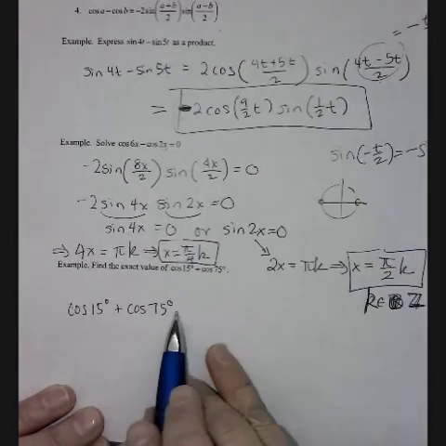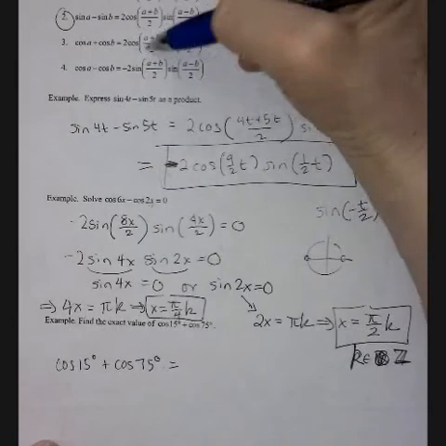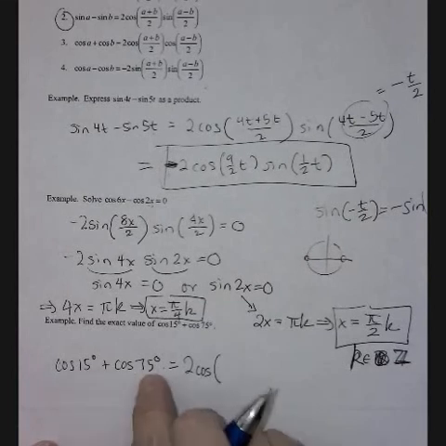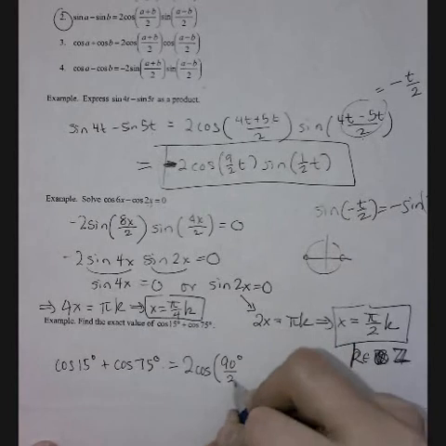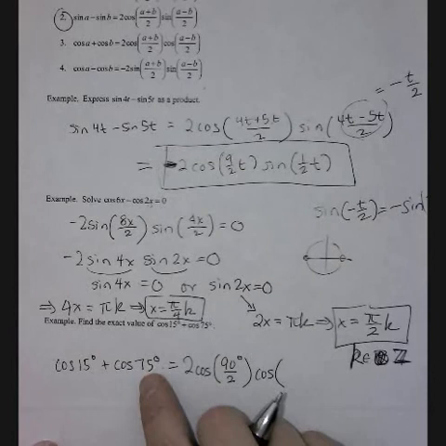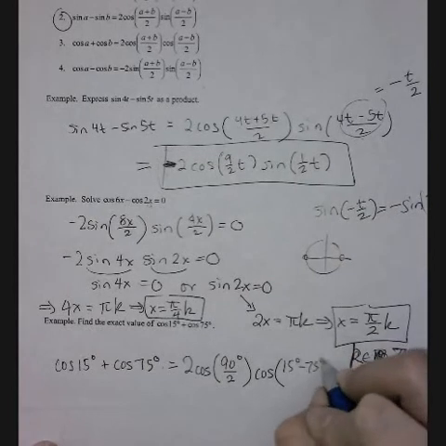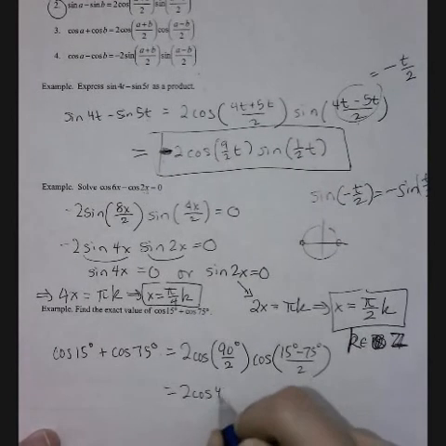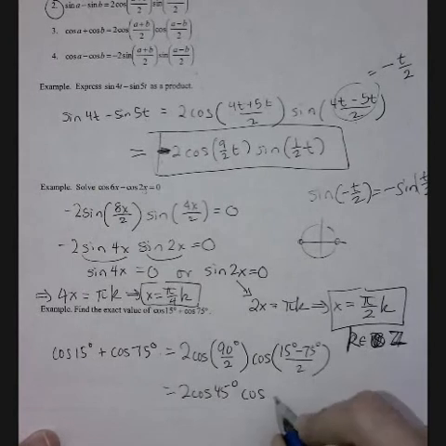And that formula 3 says 2 cosine of (15 plus 75) over 2, where 15 plus 75 is 90, cosine of (15 minus 75) over 2. So 2 cosine 45 degrees cosine negative 60 degrees divided by 2 is negative 30 degrees.